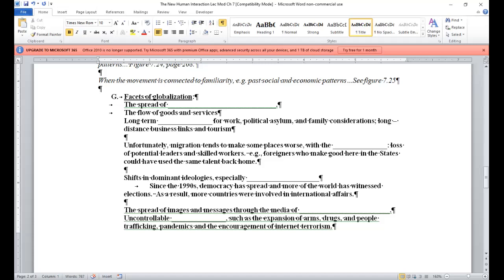Economic integration has come about in part through a rise in international banking, the importance and number of transnational corporations, and increased global marketing. Political integration has also increased as countries join organizations such as the World Trade Organization, right?